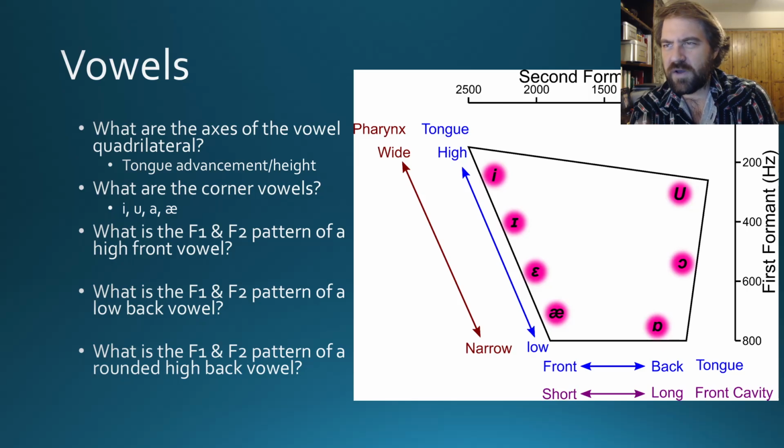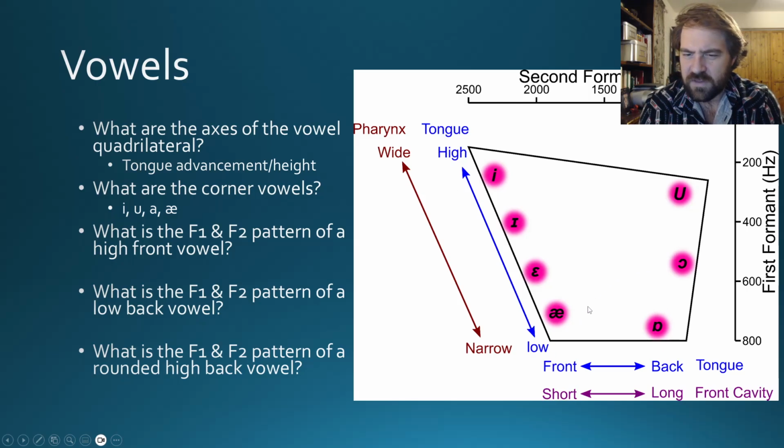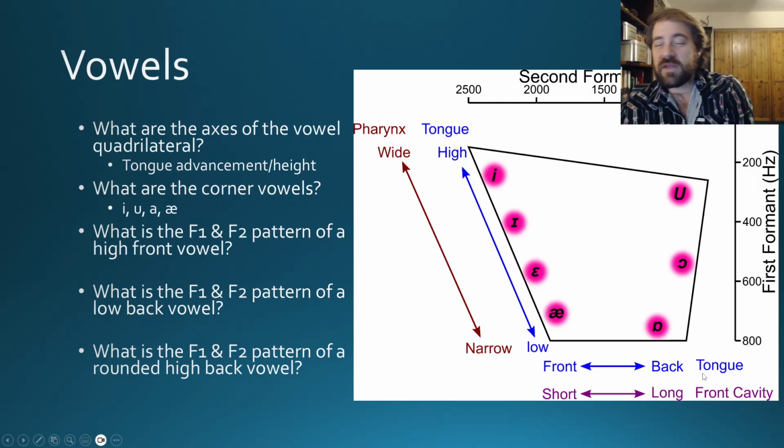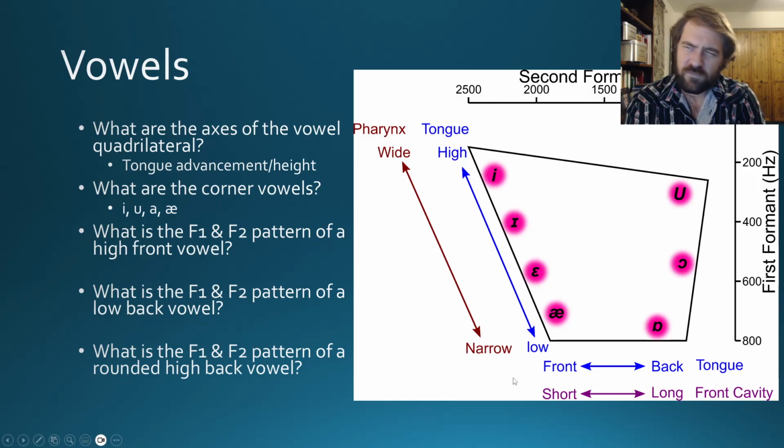This is showing you corner vowels. It's also showing you what's going on with everything in here. It's hard to see my cursor, but here's the tongue. More towards this side over here is tongue towards the front. So front vowels are over here, and then the back is back vowels. It's kind of self-explanatory, but that's where the tongue is. And then also blue.